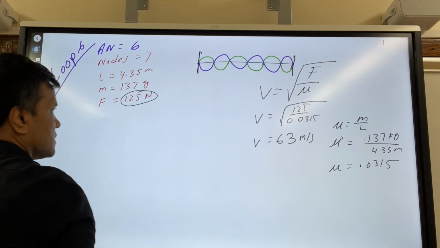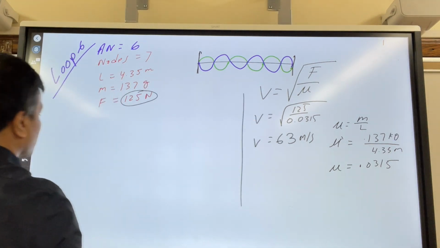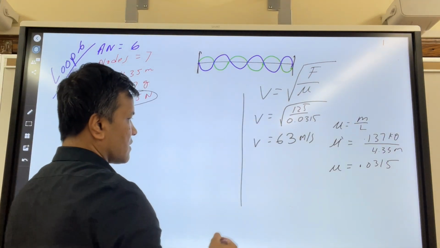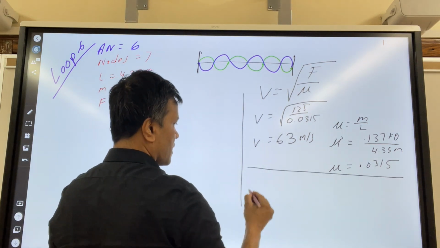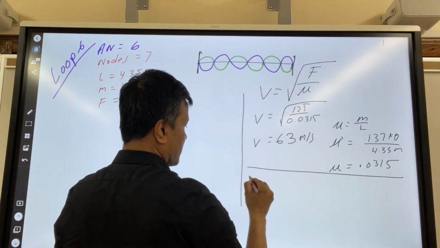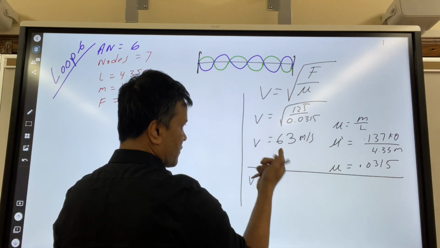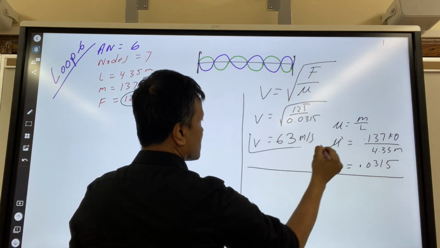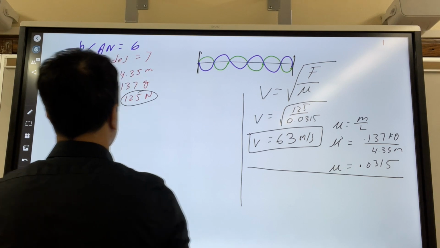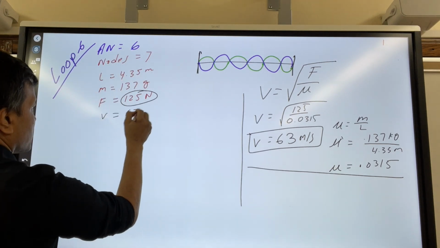All right, good. So now let's do everything over here as much as you can. Let's write down the velocity. We found the velocity. Velocity is 63 meters per second.